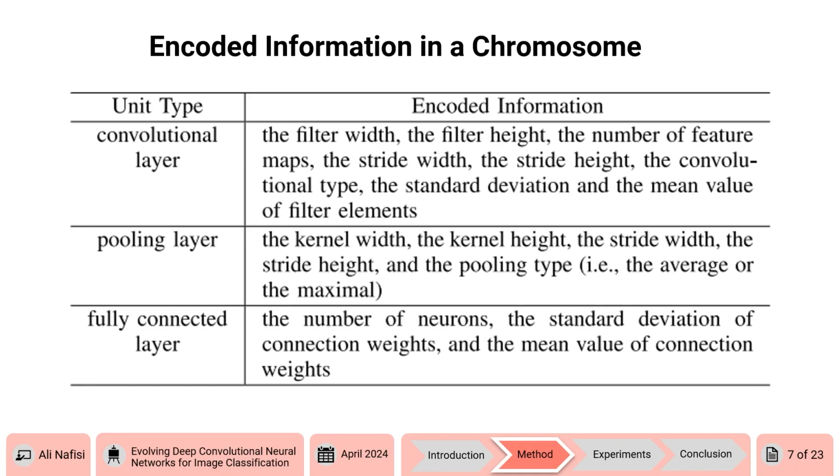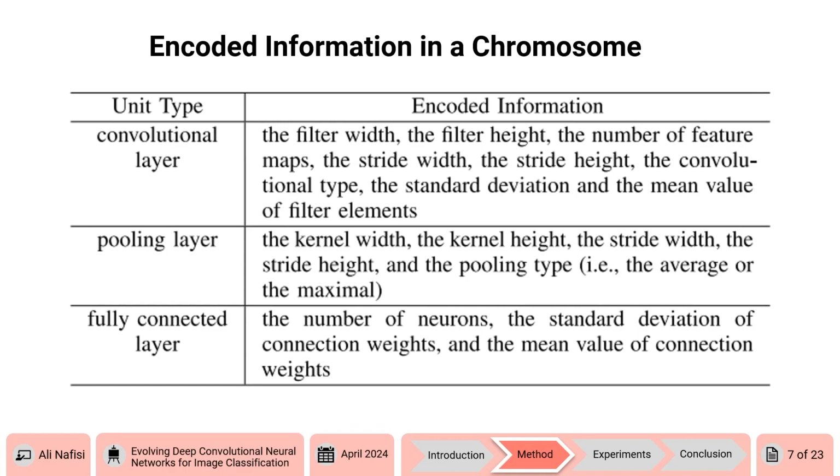The previous slide was an abstract view of the encoding, the representation. Here you can see, for each block, whether it's convolutional, pooling, or fully connected, what kind of information it has. I won't repeat them for you, but the thing that you have to pay attention to is that I talked about the problem of initialization.